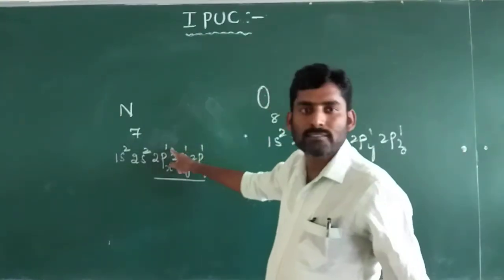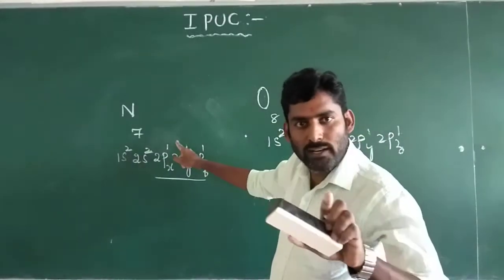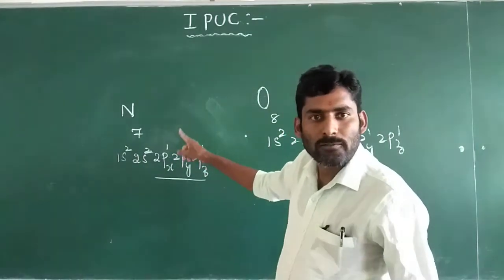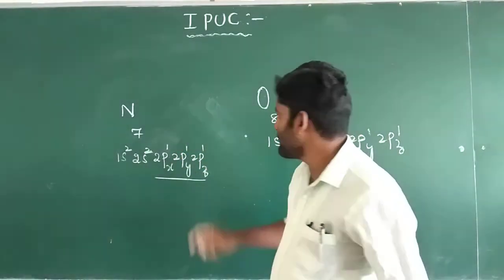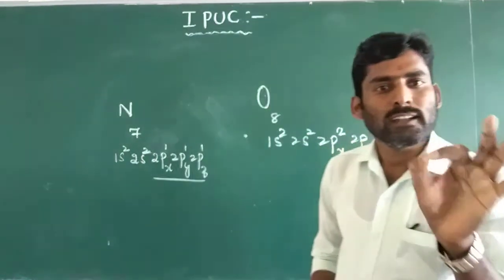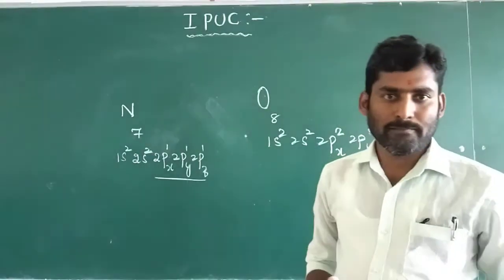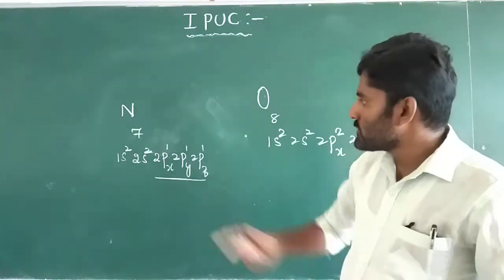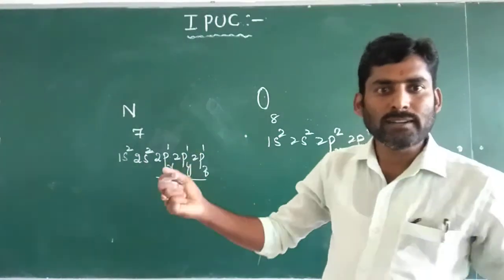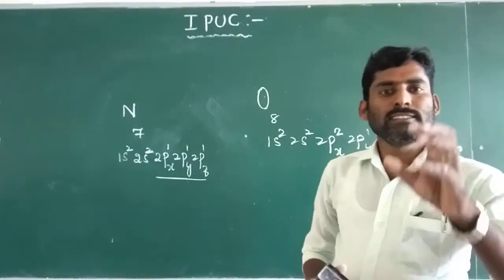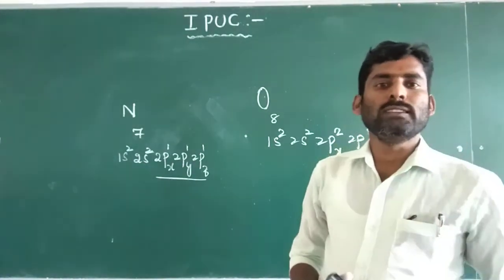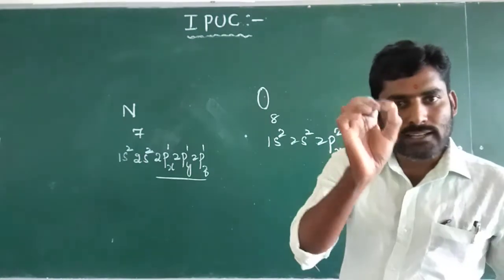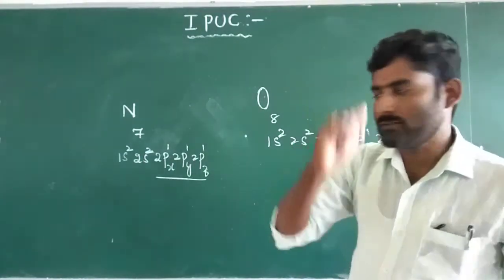And also, because of the presence of singly occupied electrons, electron repulsion is minimum. So the size of the nitrogen atom decreases, and the energy required to remove an electron from the smaller sized atom is more.